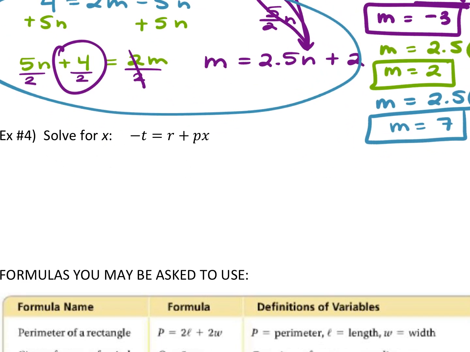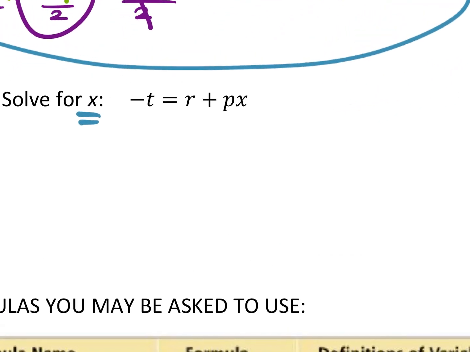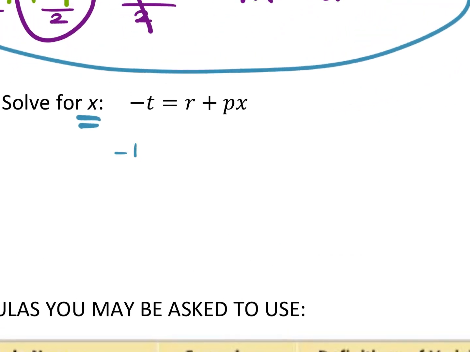Okay, take a look at this one. Notice there are no numbers in this, right? Not a single number. We want to isolate the x. We're going to subtract r first, okay? So this is -t minus r. We're taking an r away from both sides.